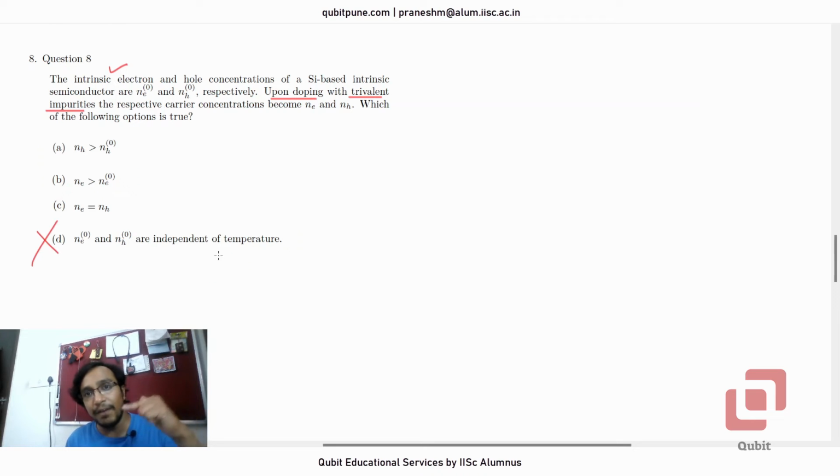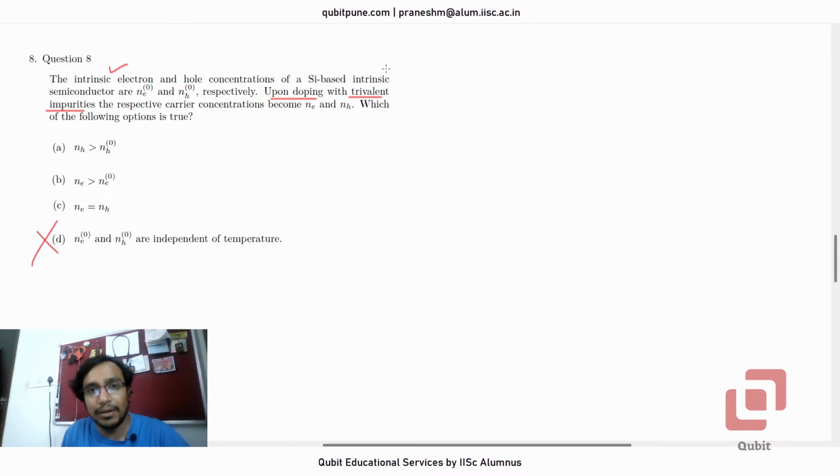Why? Because if we increase the temperature, that basically translates to electrons in the valence shell having more energy, which means it is more likely their number will be more in the conduction band with increase in temperature. So it is not right that Ne naught is independent of temperature. Now let us come back to two very important equations that we have in our last chapter, semiconductor electronics.